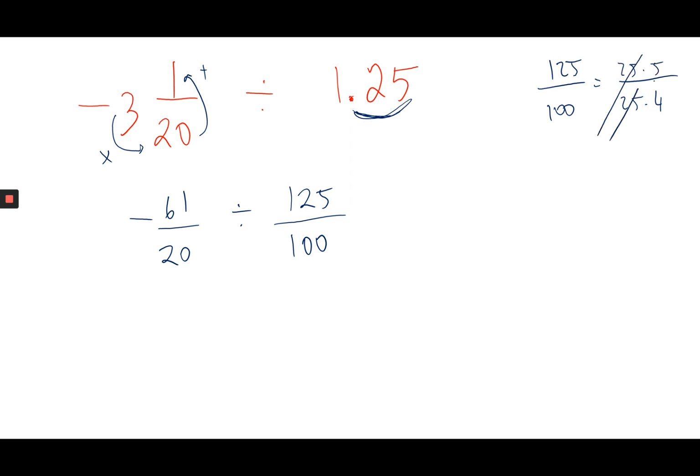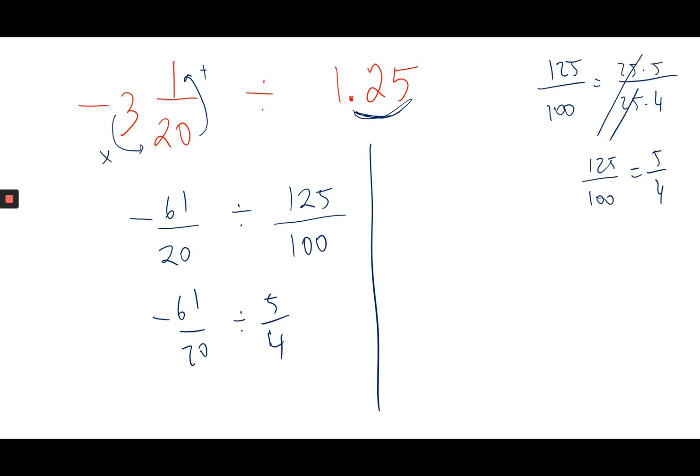Basically, 125 over 100 is equivalent to 5/4. So negative 61 over 20 divided by 5 over 4. This is my new format. So negative 61 over 20 times, I need to flip the other one and multiply. It's going to be 4/5 like this.